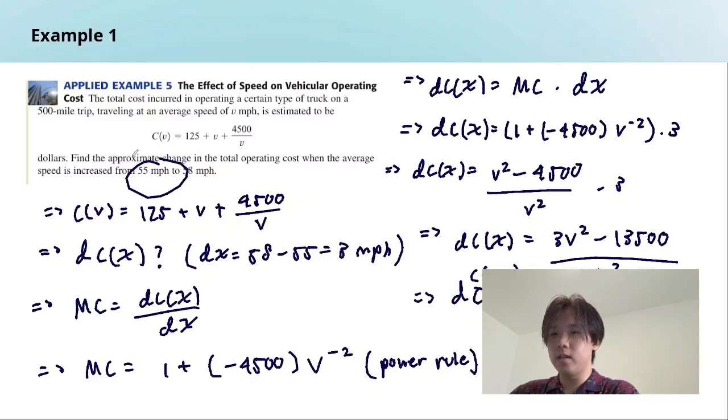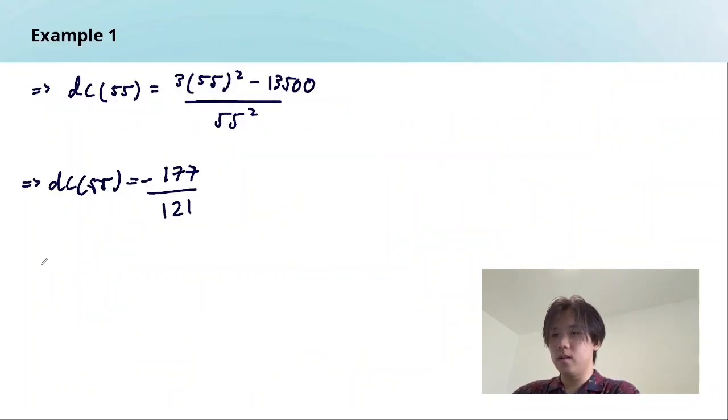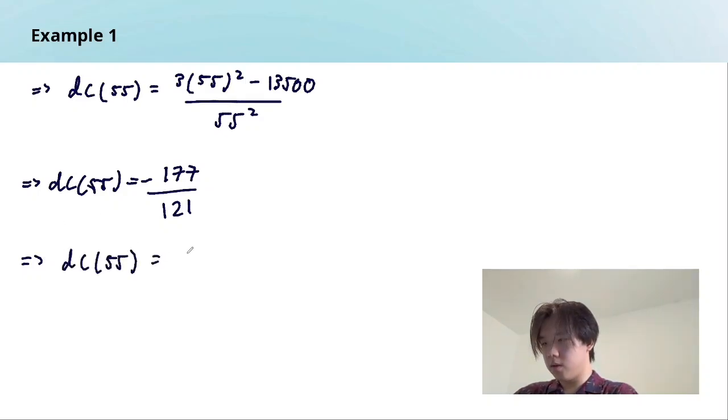So we will estimate this to two decimal places. Using a calculator, we will find negative 1.46. This is an estimate.